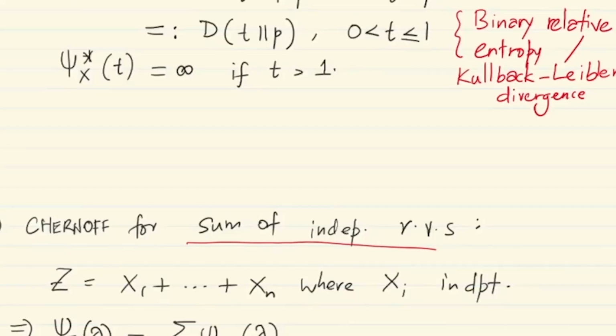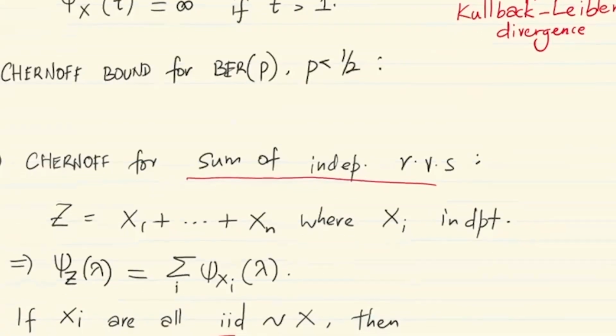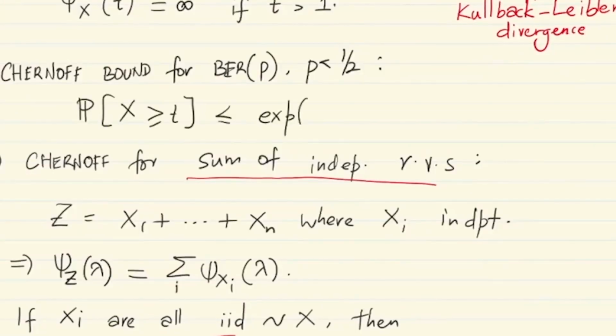And hence the Chernoff bound for a Bernoulli random variable with p less than half basically gives you that the probability that x is larger than or equal to t is less than or equal to e raised to minus D(t||p), for t between 0 and 1.